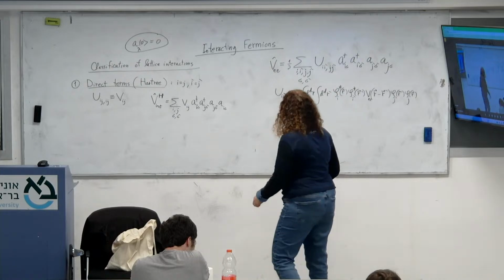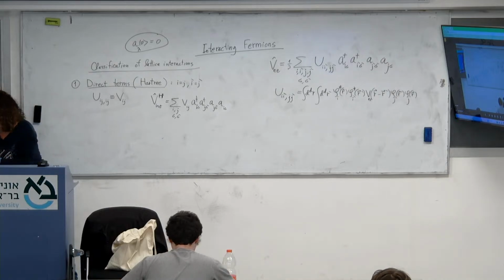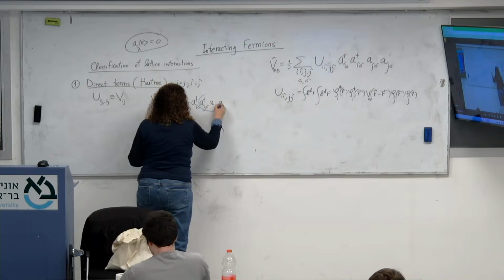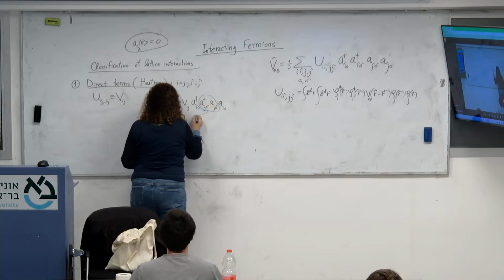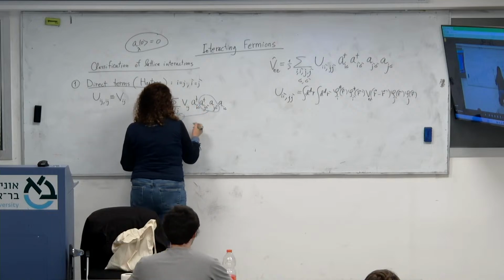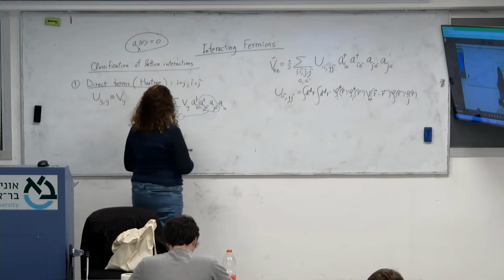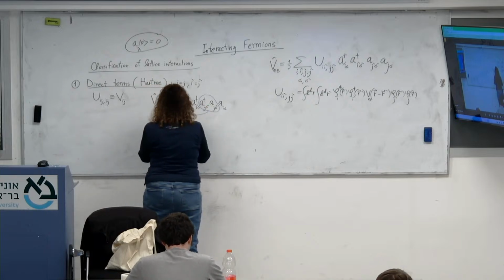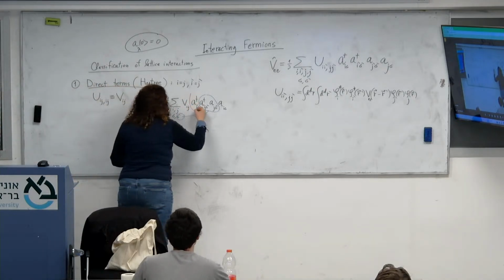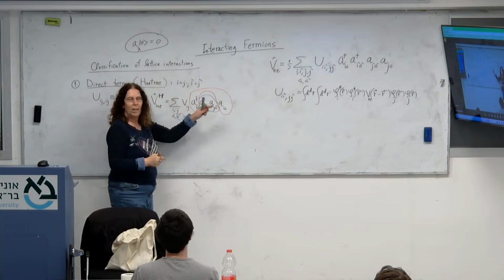And similarly, I can take the product of the other two, which is nothing but the local a_i sigma dagger a_i sigma.